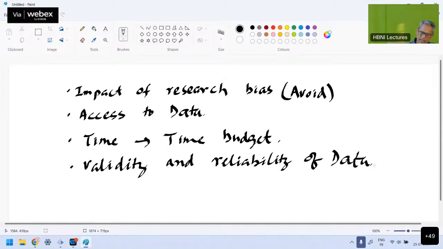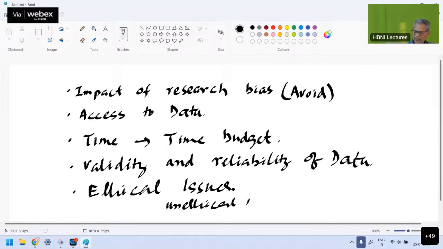Repeatability should be there. And so, last but not the least, ethicalism. That means avoid plagiarism, and don't use unethical means to collect data.